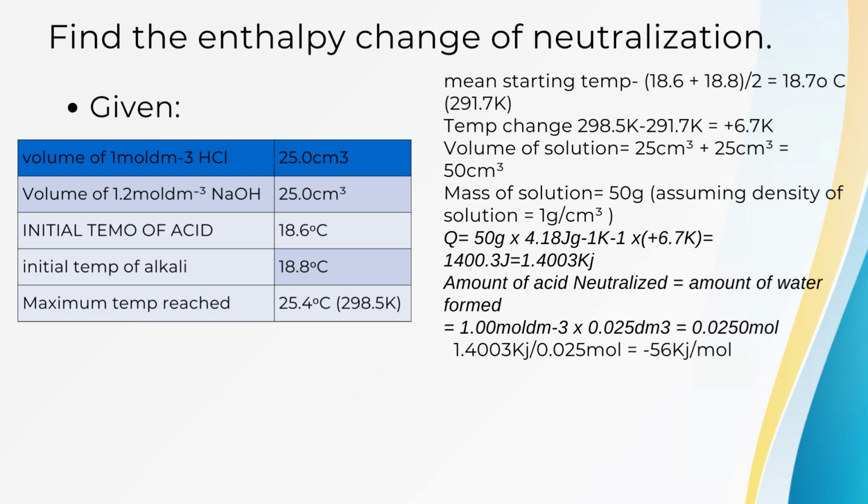So, negative 1.4003 divided by 0.025 will give us our enthalpy change of neutralization, which will be equal to negative 56 kilojoules per mole.